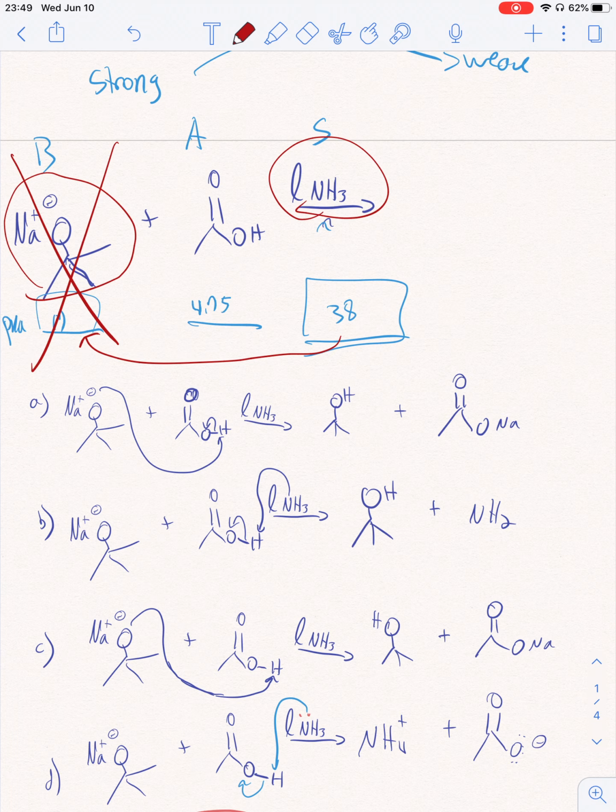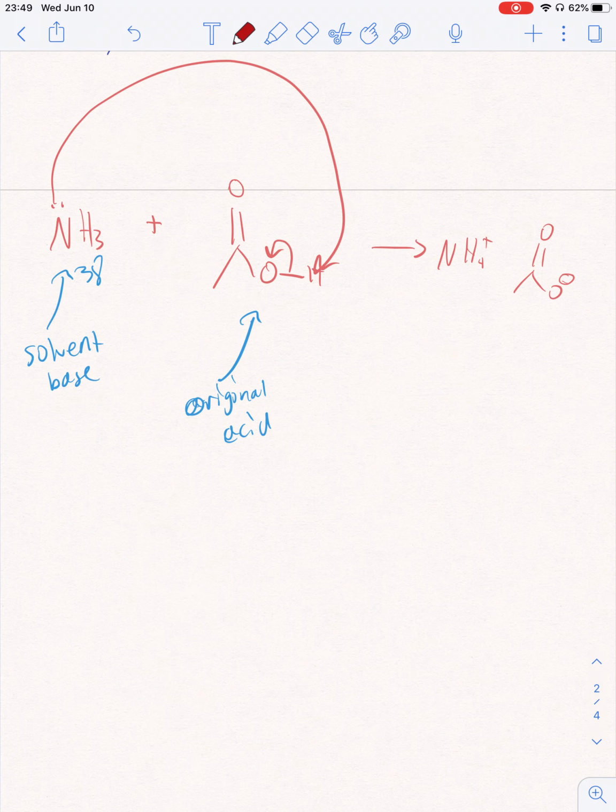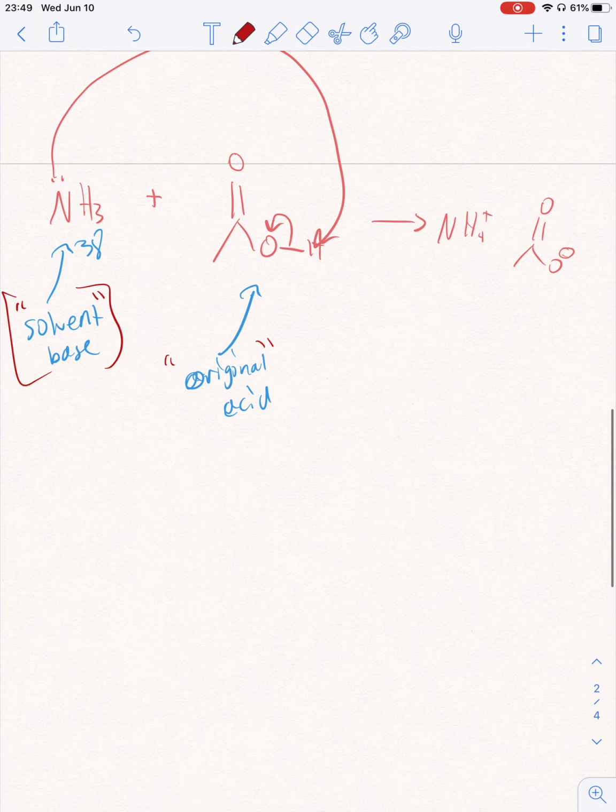So now you'd run a new reaction with your new reactants. Let's just call this the solvent base, quote unquote. This is the new base from the solvent, and we have our original acid. The solvent's pKa is so high, it's not going to make a conjugate base that's stronger than it. The reaction is going to proceed.